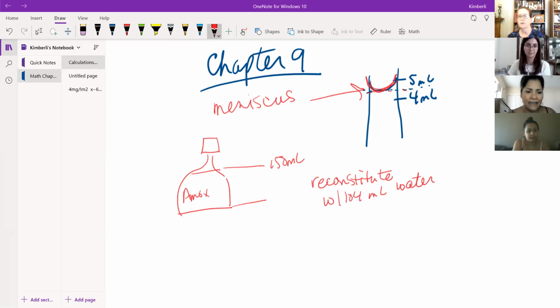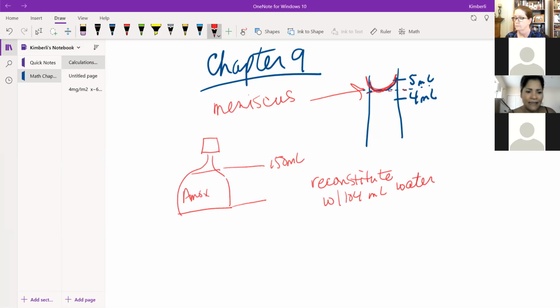Why am I not putting 150 milliliters in that bottle? Because we need to add the powder, the active ingredients. Exactly. So there's already some powder in the bottom here, and that powder is taking up space.